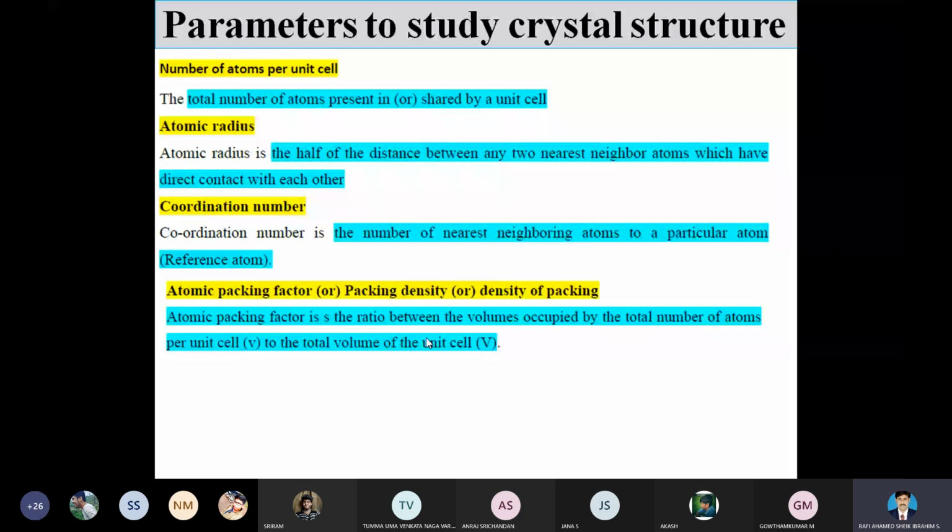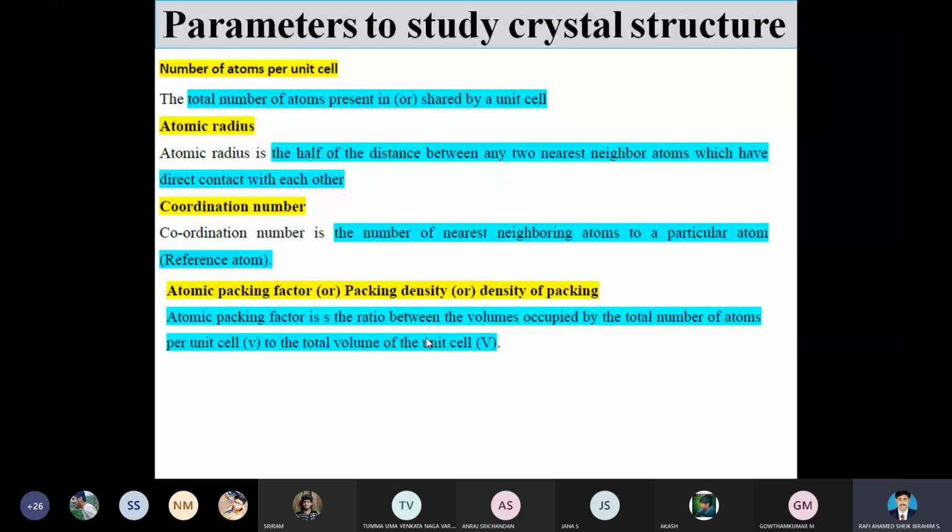And the final parameter is the atomic packing factor. The atomic packing factor is also called the packing density, or density of packing. It is a base parameter, because from this parameter only we are going to measure the availability, the presence of the atoms in the structure: how many atoms are present in the structure and how much vacant site is created in the structure.